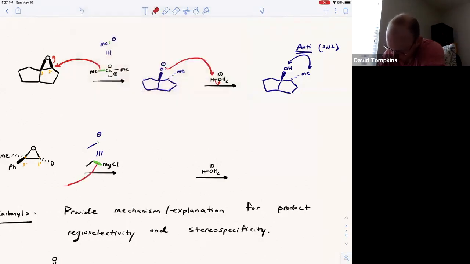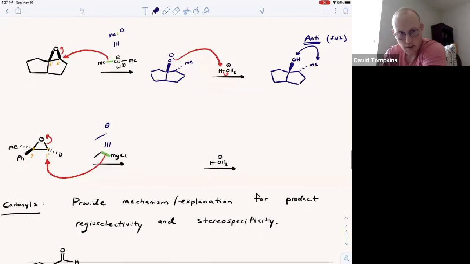The carbon of the ethyl is going to attack the primary center and break the epoxide open. And the ethyl will add anti or trans to the resulting alkoxide.